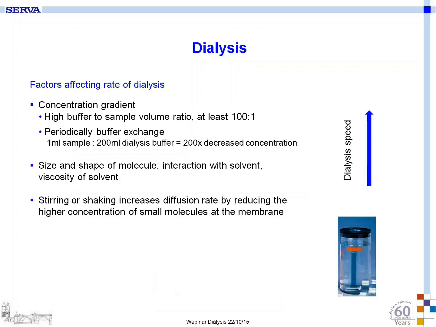Many factors affect the rate of dialysis by affecting the diffusion speed of the molecules. One important factor is the concentration of the sample and the concentration gradient.